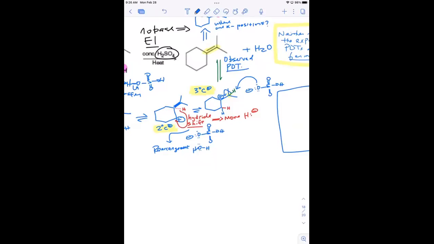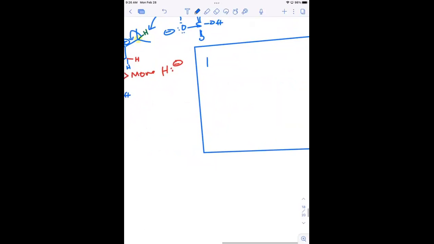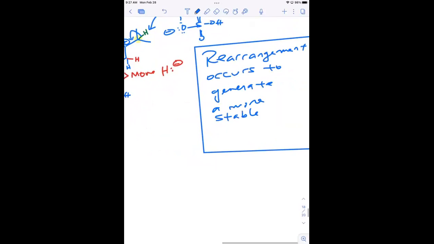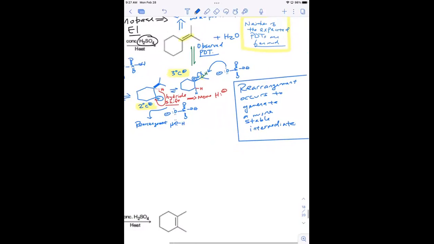So when you see a rearrangement happen like that, it usually happens for stability. Rearrangement occurs to generate a more stable intermediate.